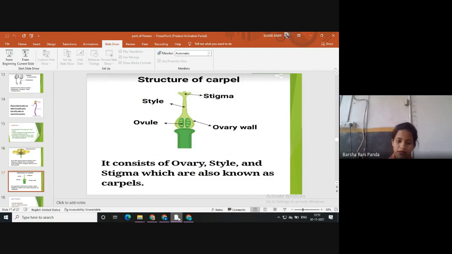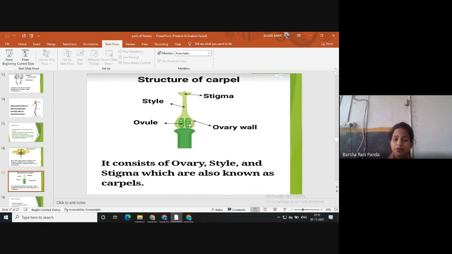The upper part, here you can see a disc-like structure. This is also a sticky structure. इसके ऊपर एक sticky substance होता है to catch the pollen grains, and this is known as stigma. Then the slender tube, here you can see, is known as style, and the sac-like structure, which is the innermost part of the pistil, is known as ovary, and inside the ovary there are ovules.